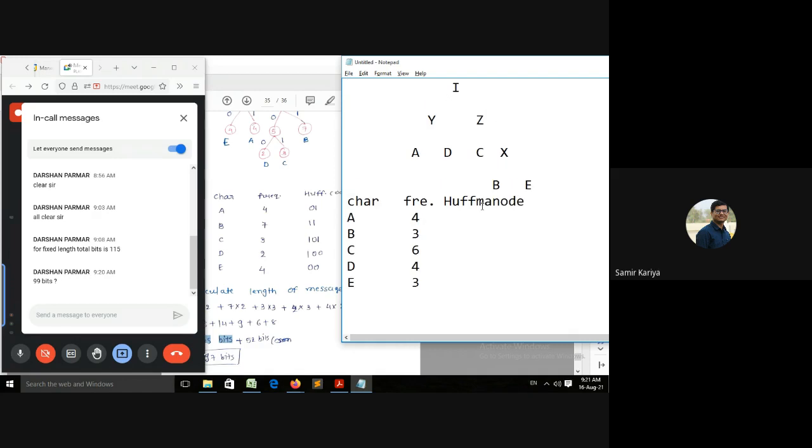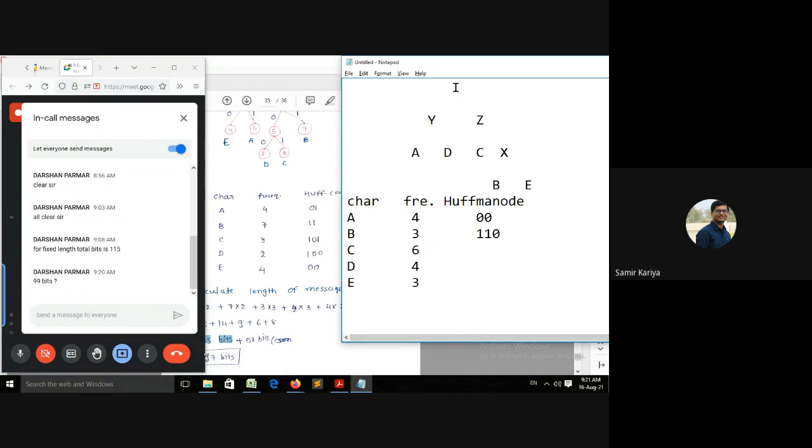So starting from this one, suppose you want to write the A, so that's 0 0, because 0 for the left child. B, so 1 1 0. I'm assuming here it's a tree. So here it's a right child 1, again right child 1, and then left child, that's why 1 1 0.